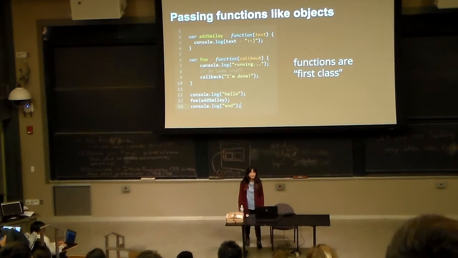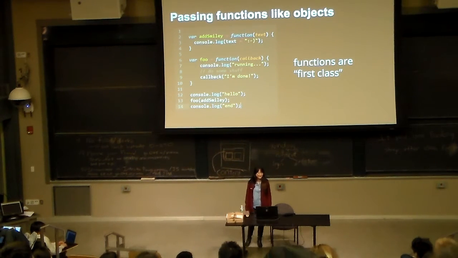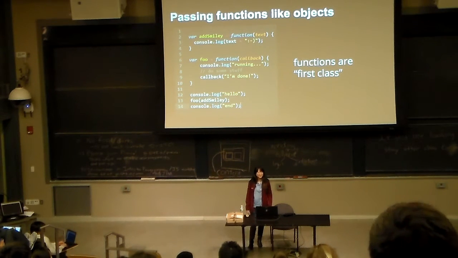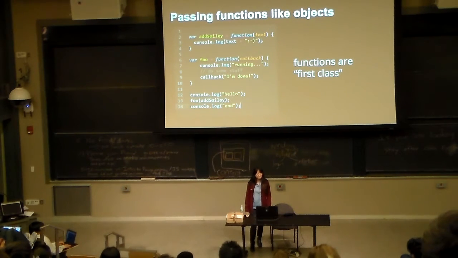So like I said before, in JavaScript, you can pass functions like objects. And this is another difference from Java. So for example, you have this function called addSmiley that just takes input text and then appends a smiley face to it. And you have this function called foo that takes in a function. It prints running, and then it runs the function that it takes in, and it passes in a parameter, I'm done.